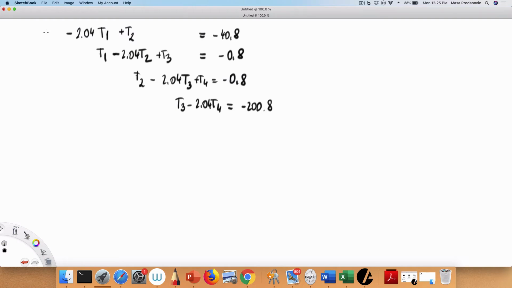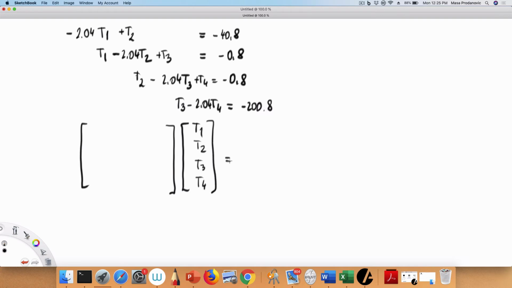How do I write it in terms of a matrix times the unknowns is equal to something on the right-hand side? My unknown vector is T1, T2, T3, T4. What is in the first row of the matrix?